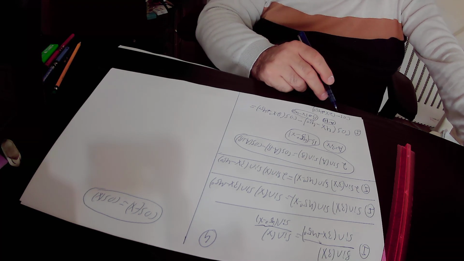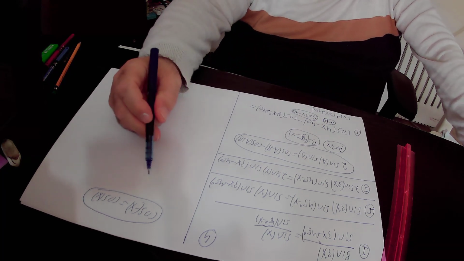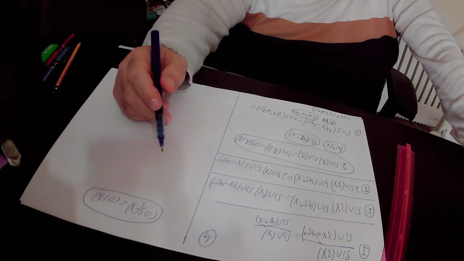We will change the negative sign to a positive sign according to the trigonometric identity that cosine minus x equals cosine x.